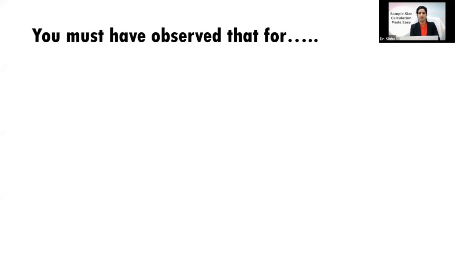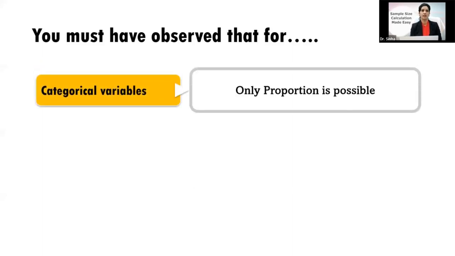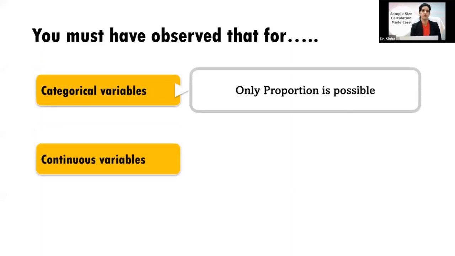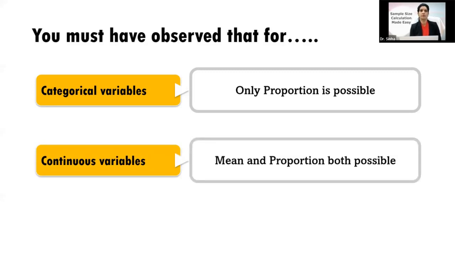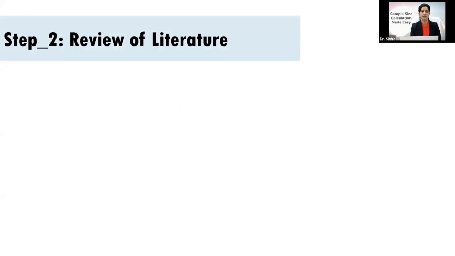So now you must have observed in this case, for the categorical variable, only proportion is possible. For a continuous variable, both mean and proportion are possible, because if it is a continuous variable, anytime you can take any cutoff and convert the continuous variable into a categorical variable. So that was the first step which we discussed.